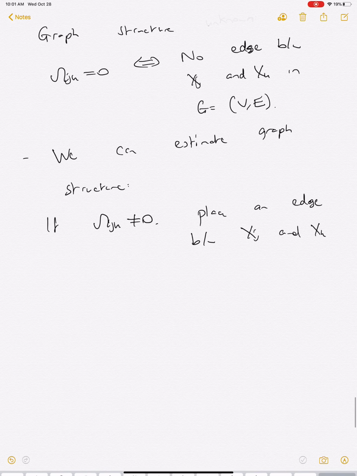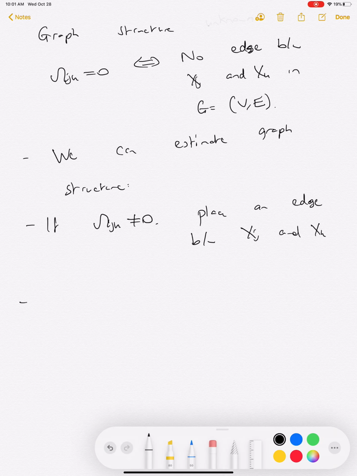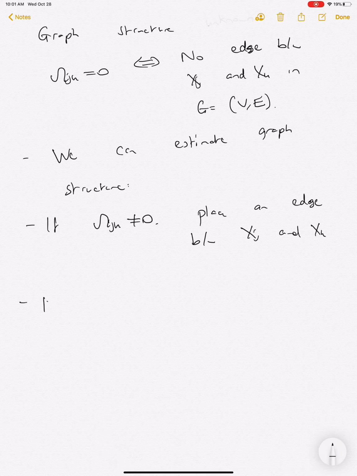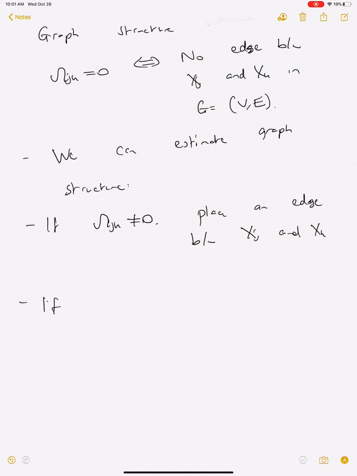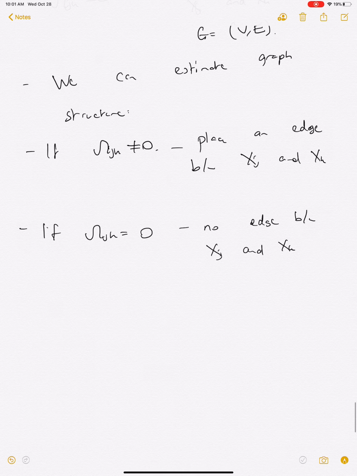And if omega jk is 0, no edge between xj and xk.